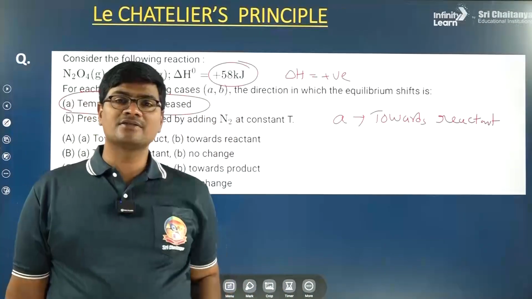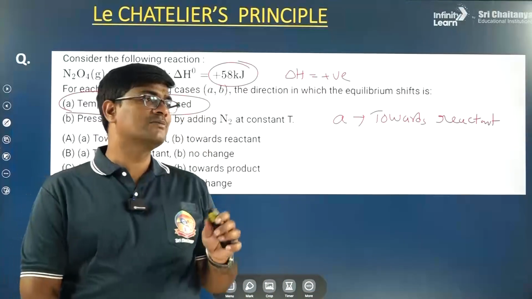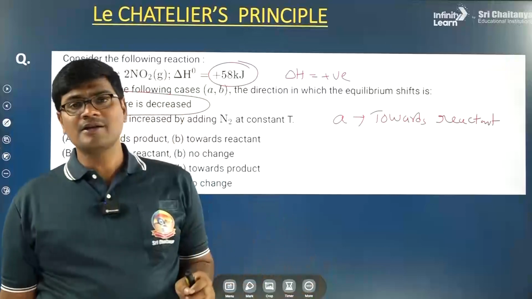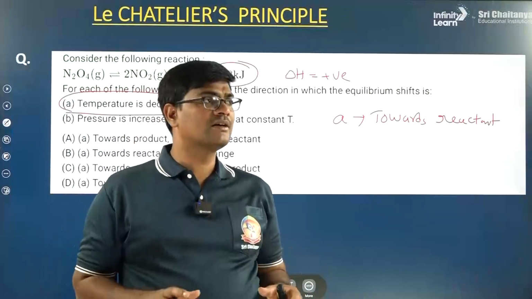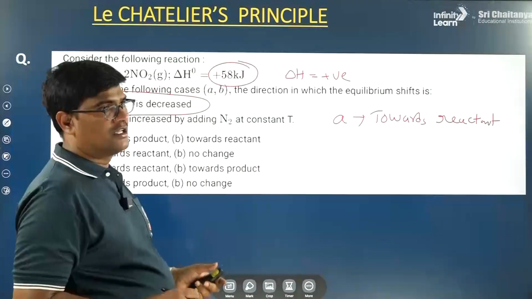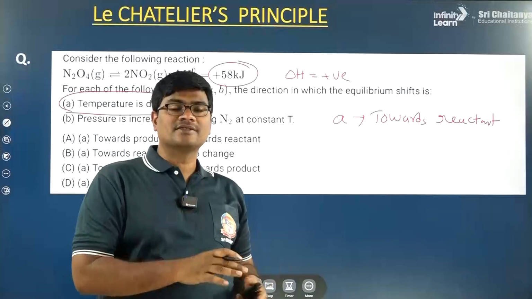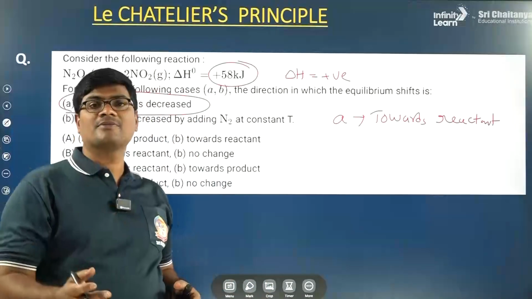Here temperature is constant, but pressure is increasing. What else is constant? Volume is also constant. Here we keep volume and temperature constant, and we just increase the pressure by adding moles. If the number of moles of gas is increased, pressure increases.